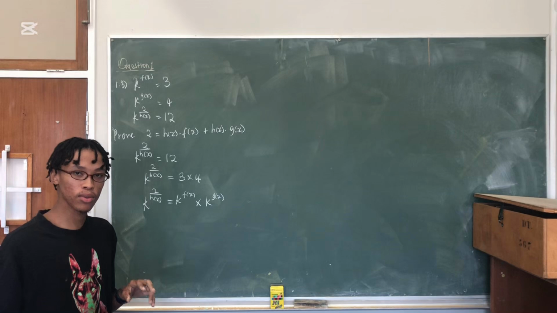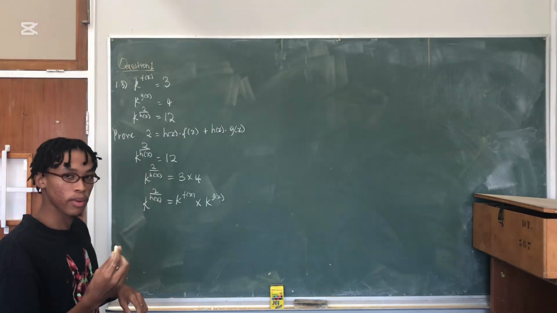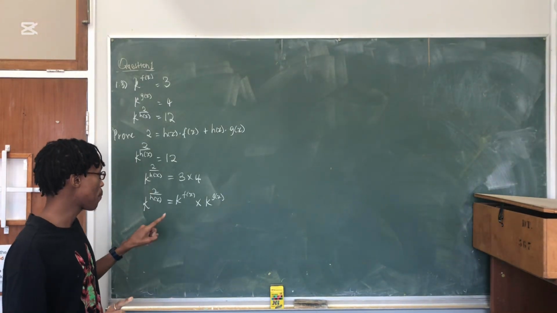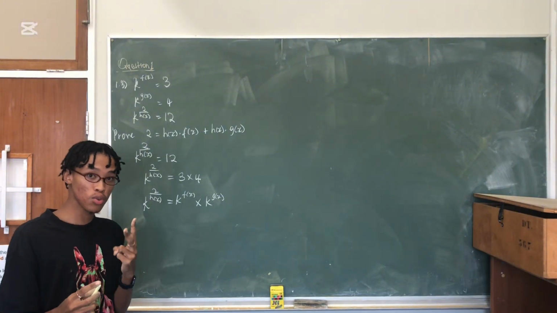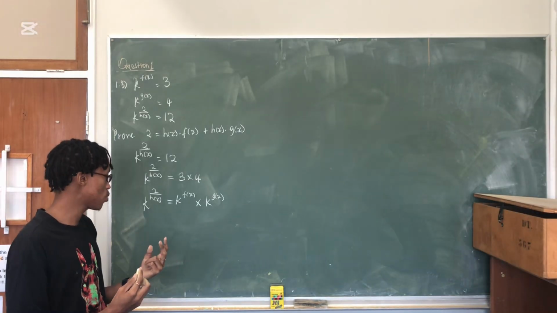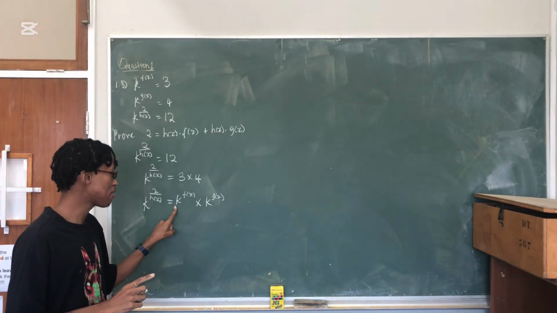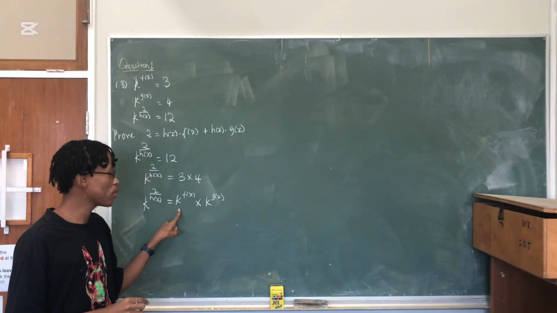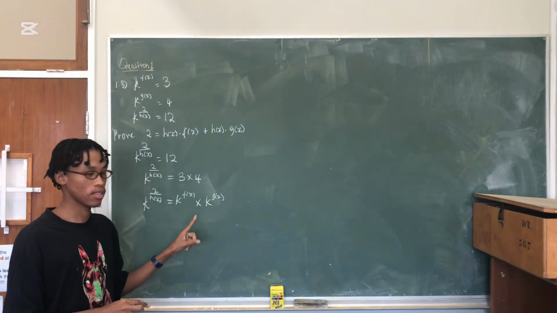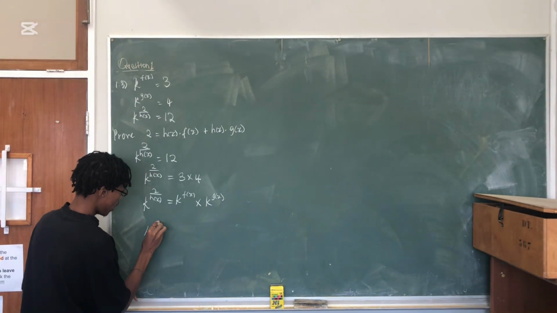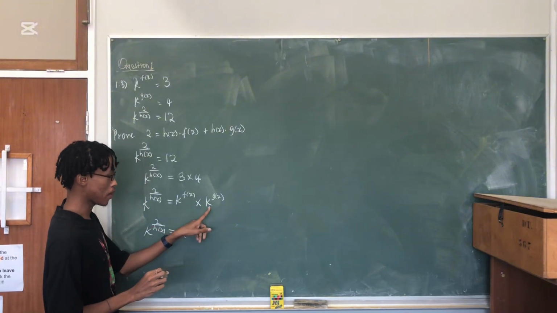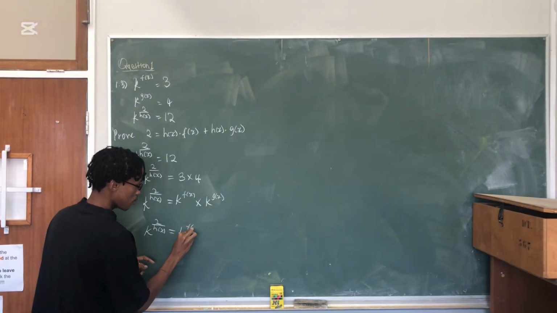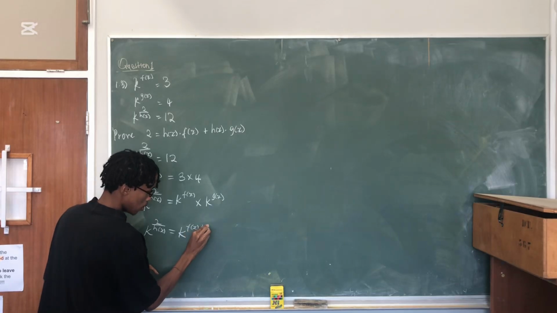If you go back to your exponential laws, you know that if we're multiplying two exponential expressions that have the same base, then we can add the exponents. So our k on this side, 2 over h of x, is equal to, they share the same base, so we can add the exponents, f of x plus g of x.